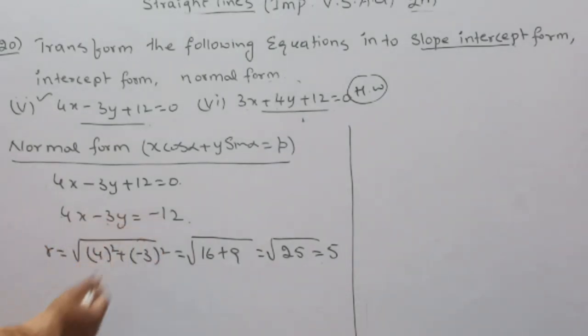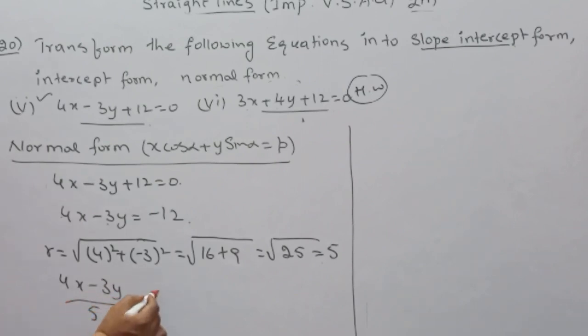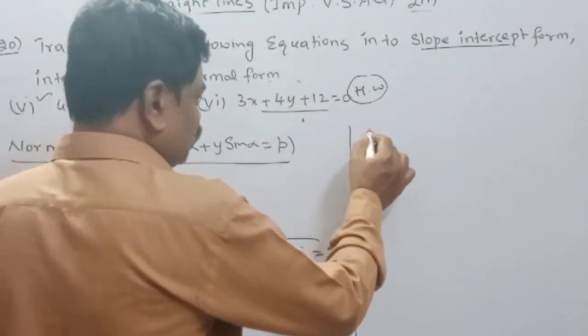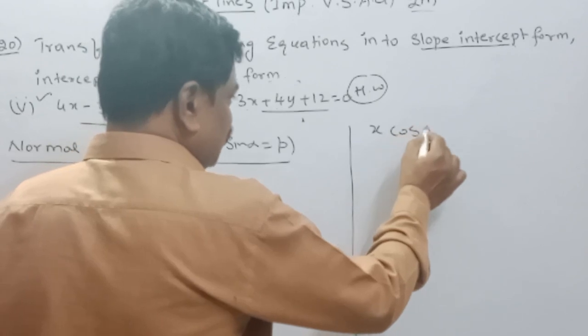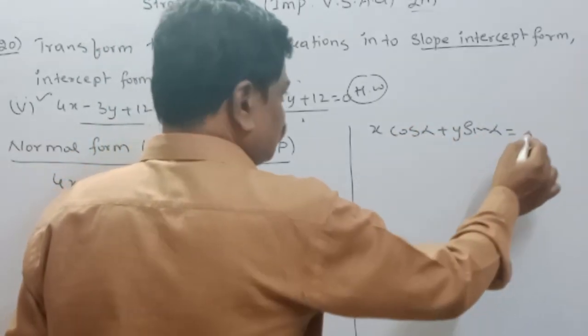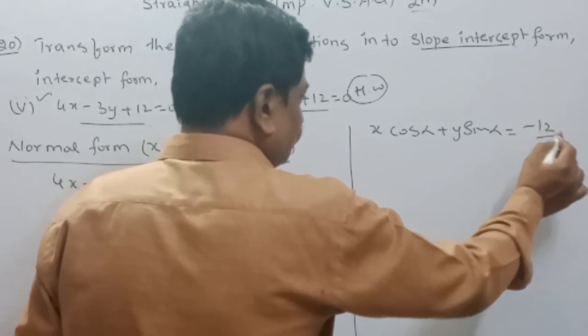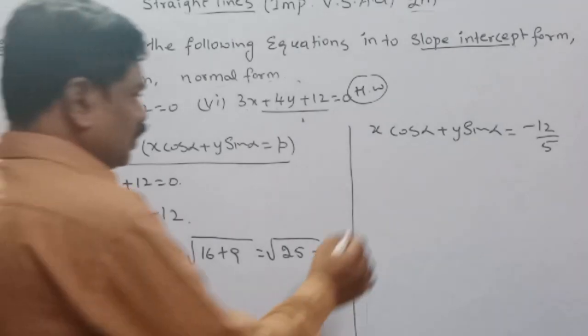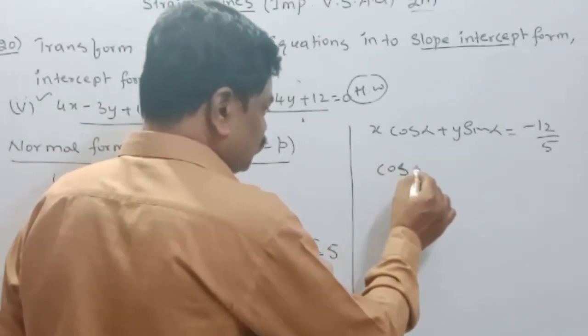You can divide both sides by 5: (4x minus 3y) by 5 equal to minus 12 by 5. Here you compare with x cos alpha plus y sin alpha is equal to minus 12 by 5.